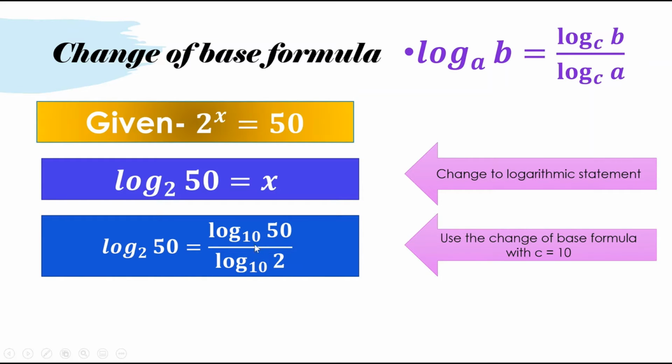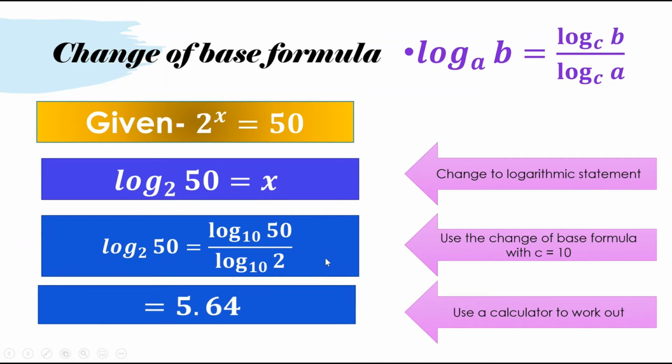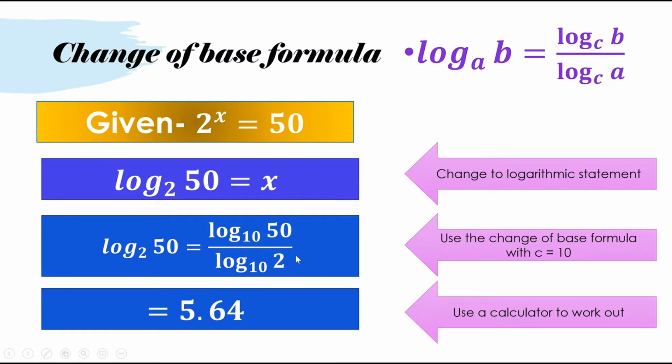Here you have to remember that both have the same base, 10, because we can easily calculate it. Whatever was the argument on the left hand side comes to the numerator, and whatever was the base comes to the denominator. Now finally you can calculate it to be 5.64. You can calculate log of 50, calculate log of 2 and just divide, and you get the value of 5.64.